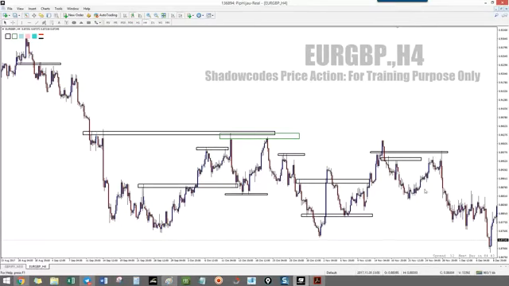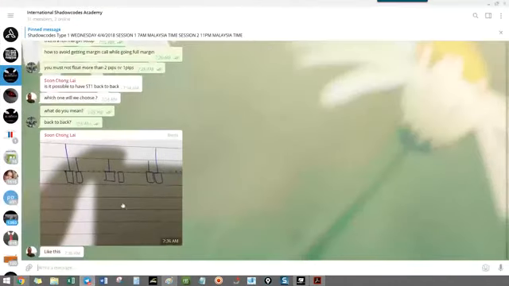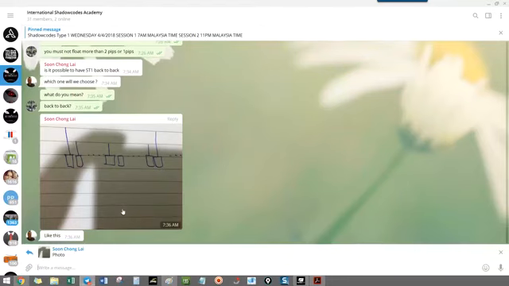Okay, this is pure ST1 drawing. Okay, we just draw it like this, back to back. Do you mean if we have a lot of ST1 in one level?